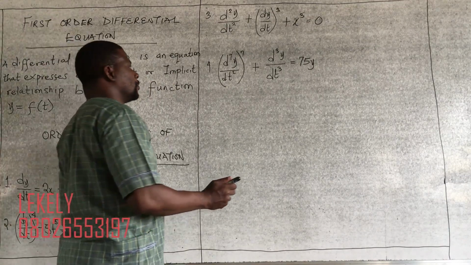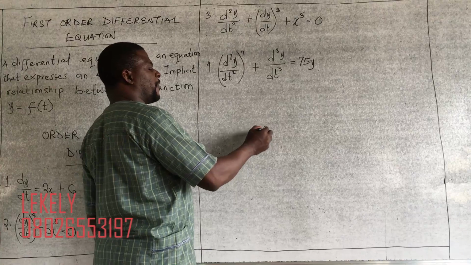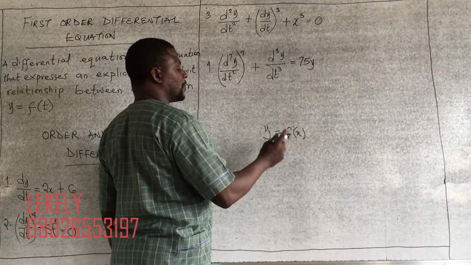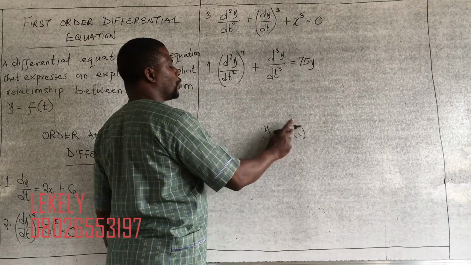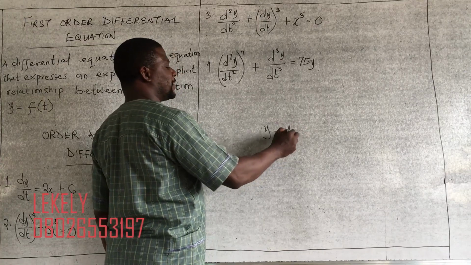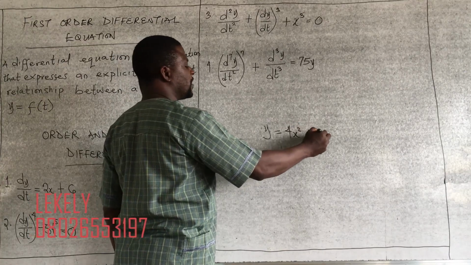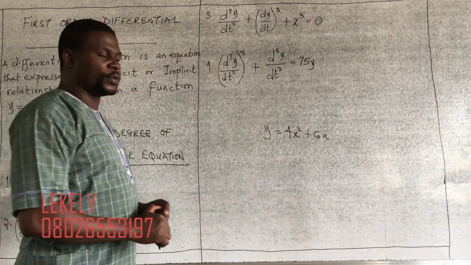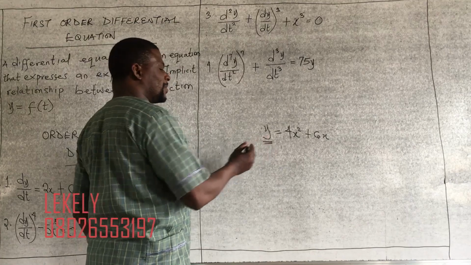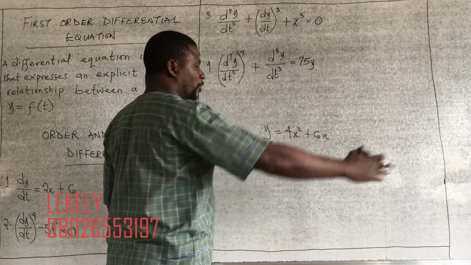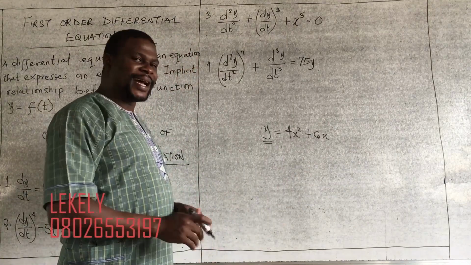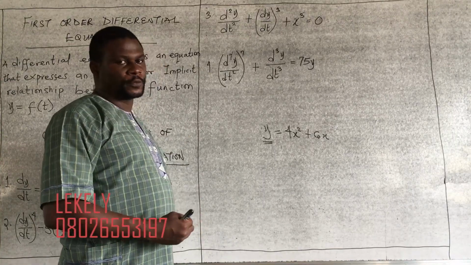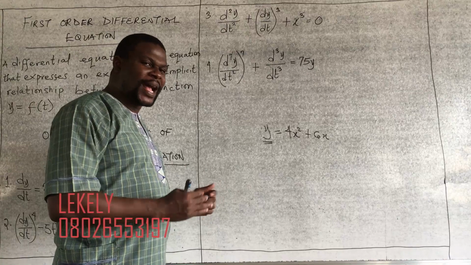Explicit function means that, for example, if I have y equals f of x, let's say y equals 4x squared plus 6x. At every given time I have an equation, y is on one side, x is on the other side. That is what we call explicit function, where x and y are separated.